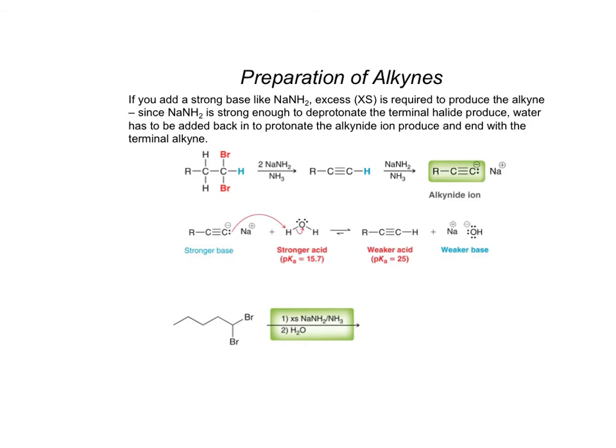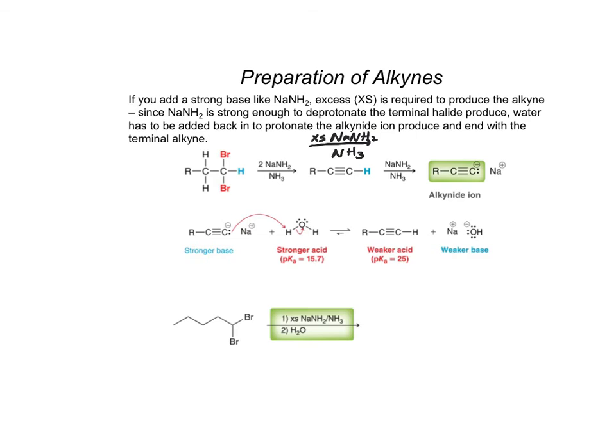So the way that we essentially write this in our overall reaction is we'll say excess NaNH2, and again, this is in ammonia. This is going to drive this to the production of the alkynide ion, which is essentially driving this overall reaction. We can't end here, though, right?